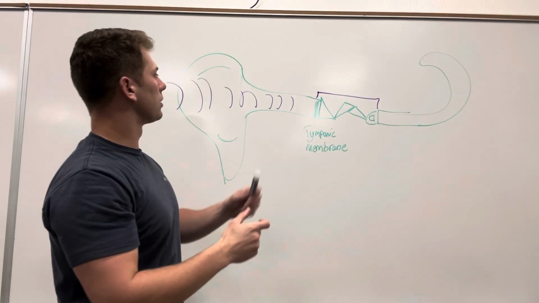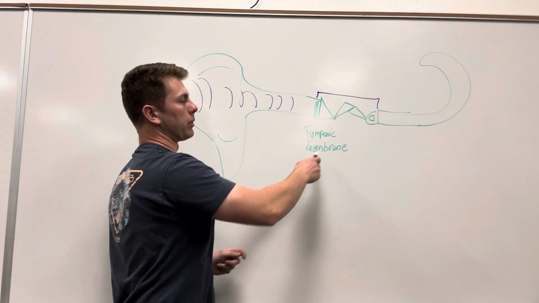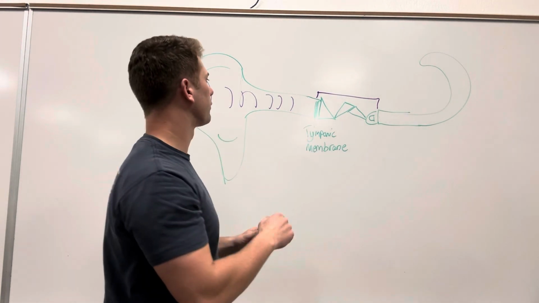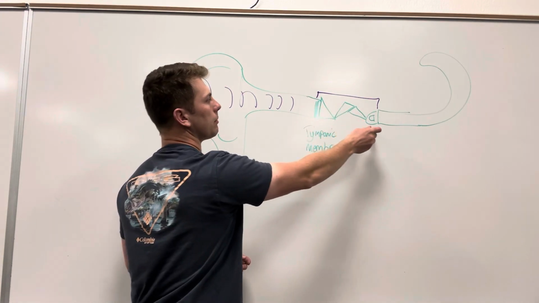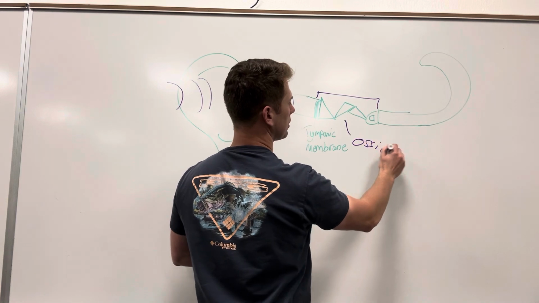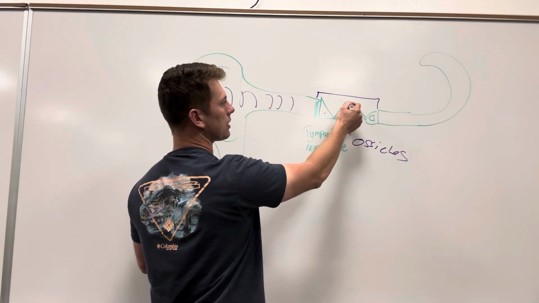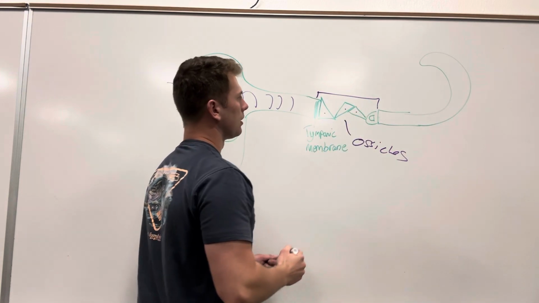This sound, or pressure wave, will come and vibrate on this tympanic membrane. And so it'll vibrate back and forth, activating the middle ear, which these are called the ossicles. And we have the malleus, incus, and stapes.